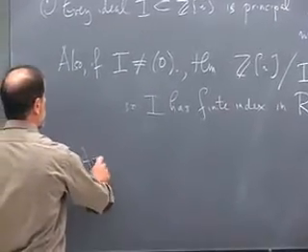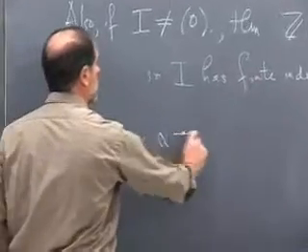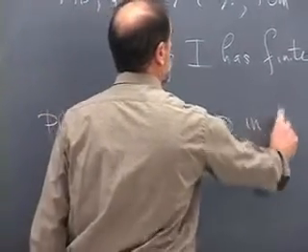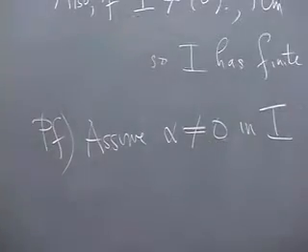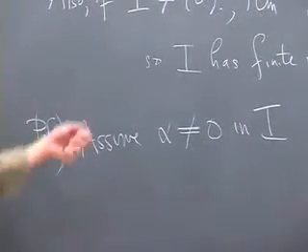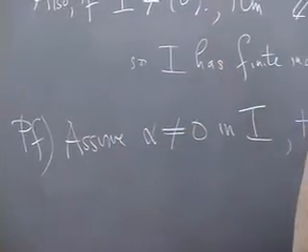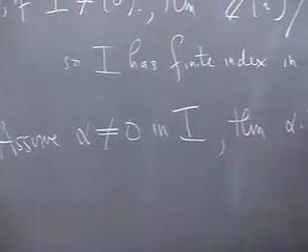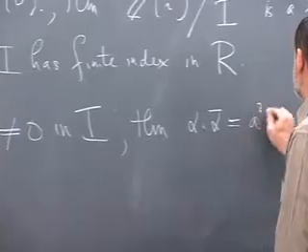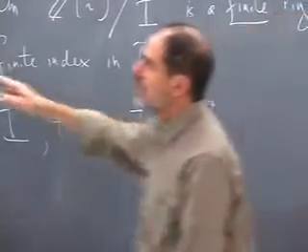Assume we have some alpha, which is not 0, in I. And I have to show you that I has finite index. Well then, alpha times alpha bar, which is this a squared plus b squared, I mean, this is just alpha times alpha bar.